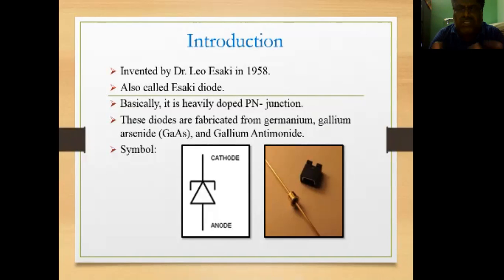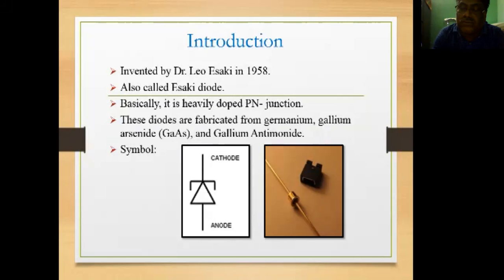It is not comparable to ordinary diodes, but these are all semiconductor diodes. Wherever you draw it, that is the symbol of the tunnel diode.